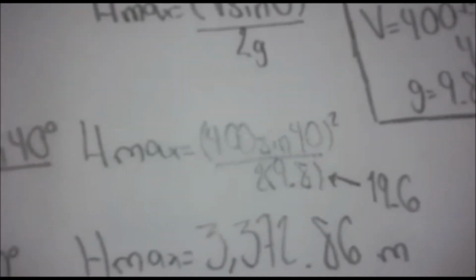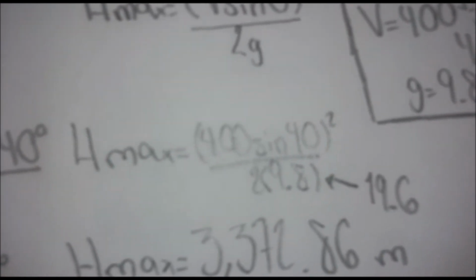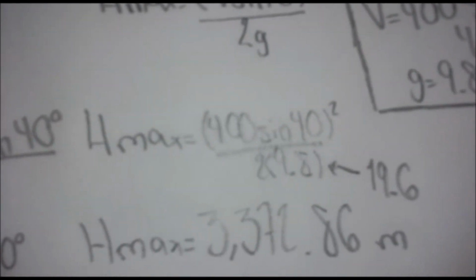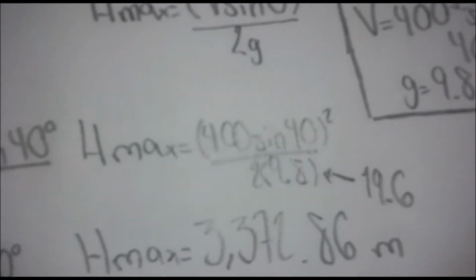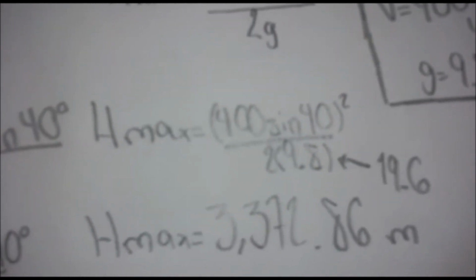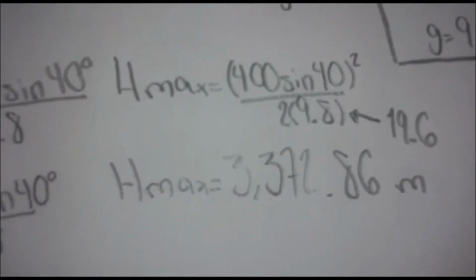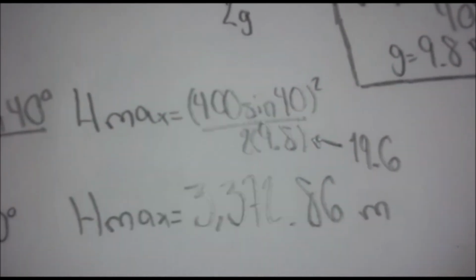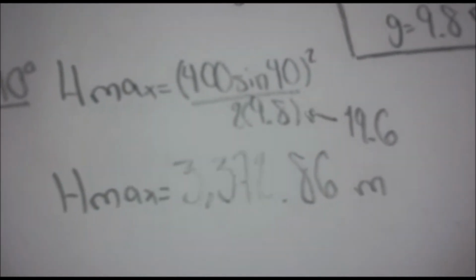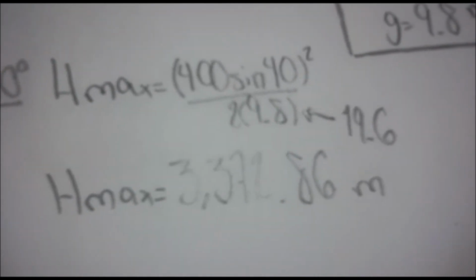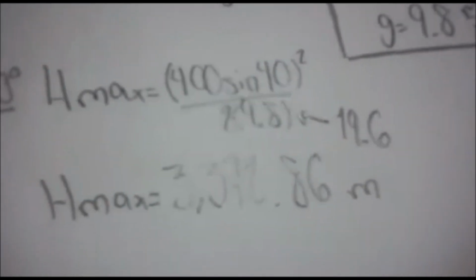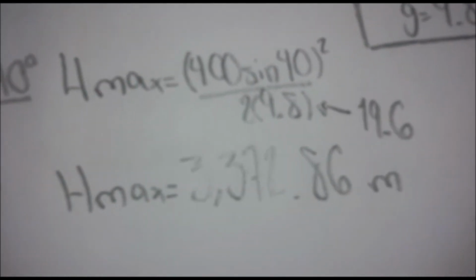So you put in your calculator 400 squared times sine squared of 40 degrees over 19.6, because I think it's better to understand it and to get a more accurate value. And so the value of the maximum height is equal to 3,372.8 meters.